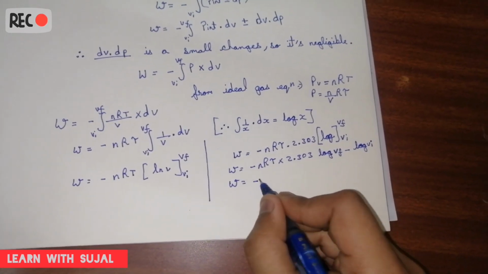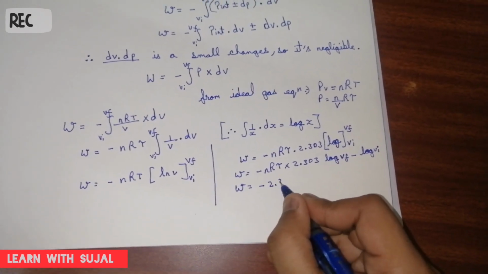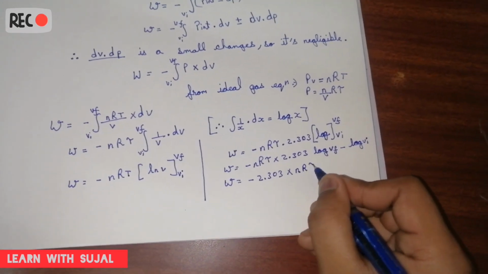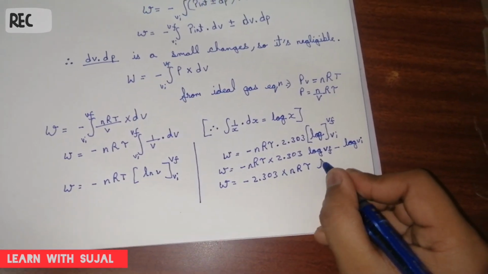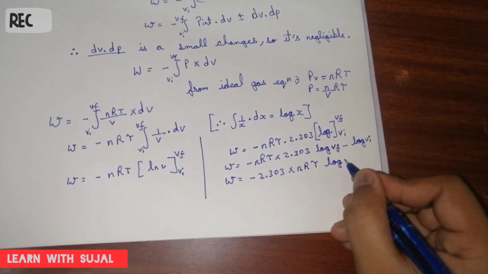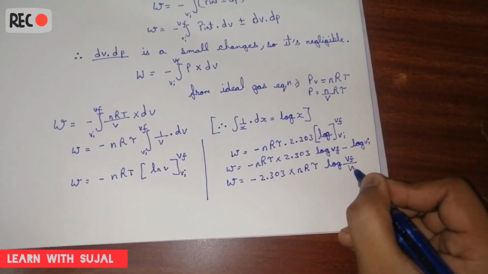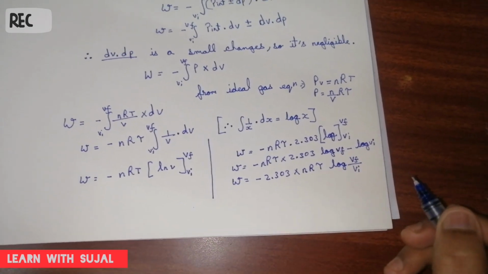It will be like that: minus 2.303 into nRT log Vf by Vi.